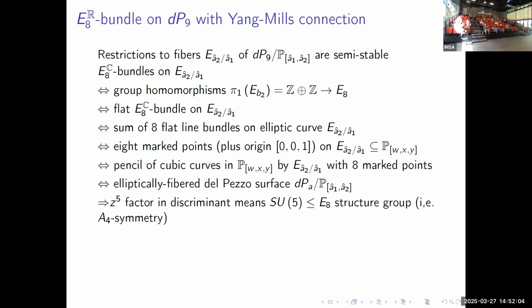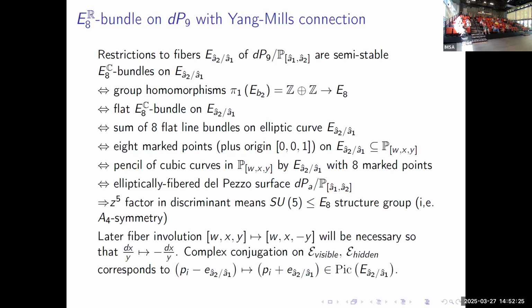The fact that the discriminant of our tape family has a Z5 factor says there's an SU5 substructure to that bundle structure to that SU to the E8. Later, when we do the involution, that is incorporated by sending each of the 8 marked points to its negative on the elliptic curve.